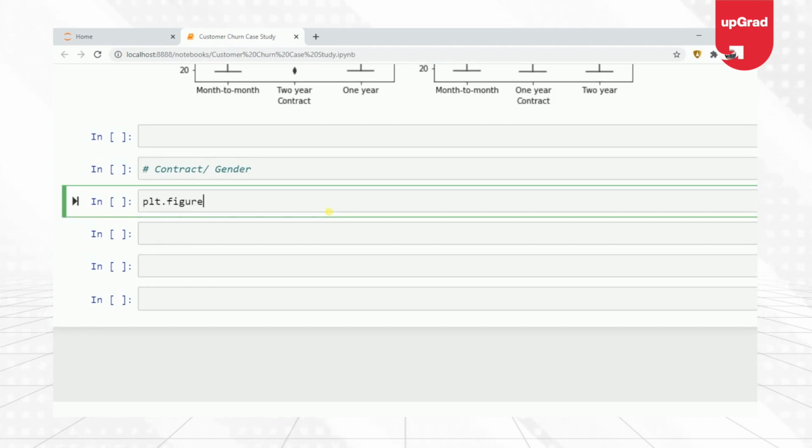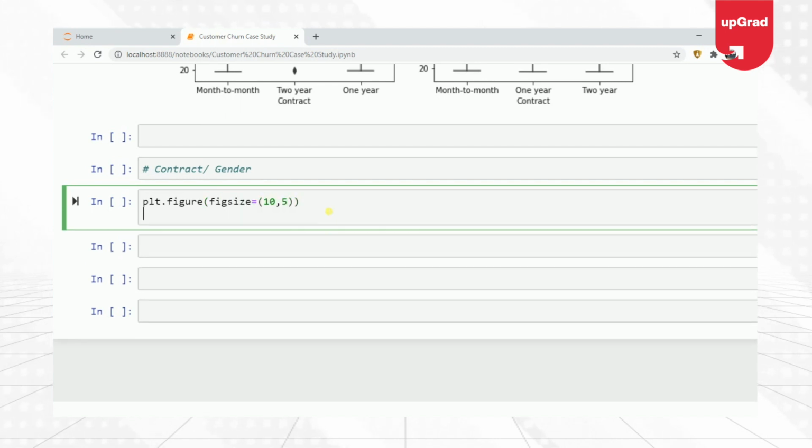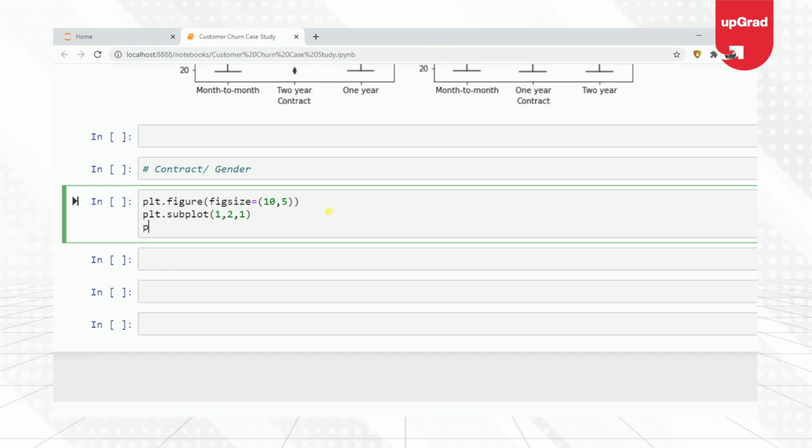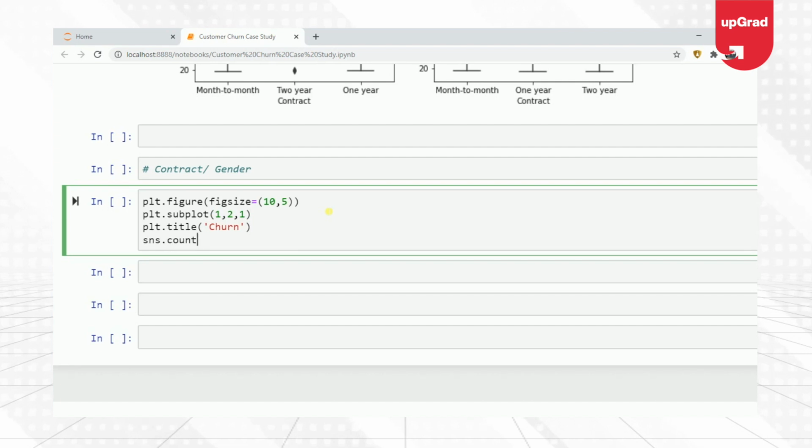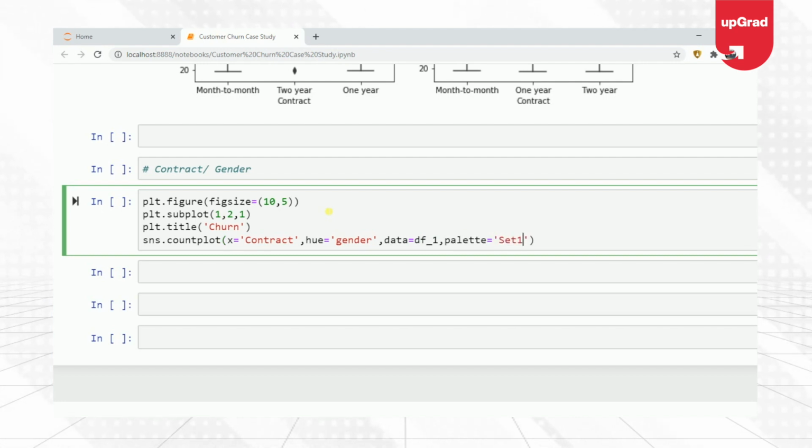Figure size 10 comma 5, plt.subplot(1, 2, 1), plt.title churn, sns.countplot. On the x-axis we are going to have contract, and the hue is based on gender, and the data is going to be retrieved from data frame 1, and the palette is going to be Set1. This is basically the color scheme.